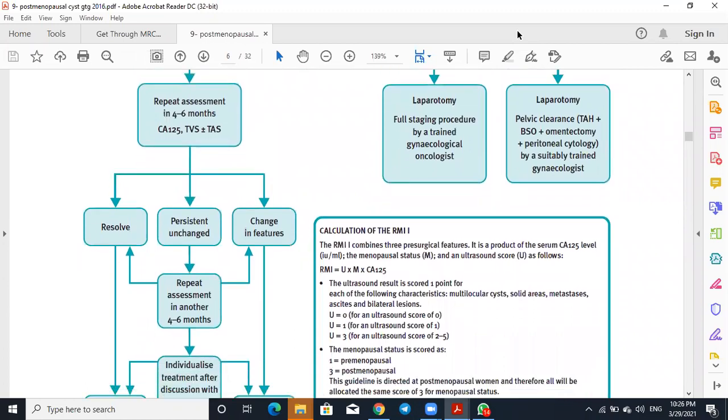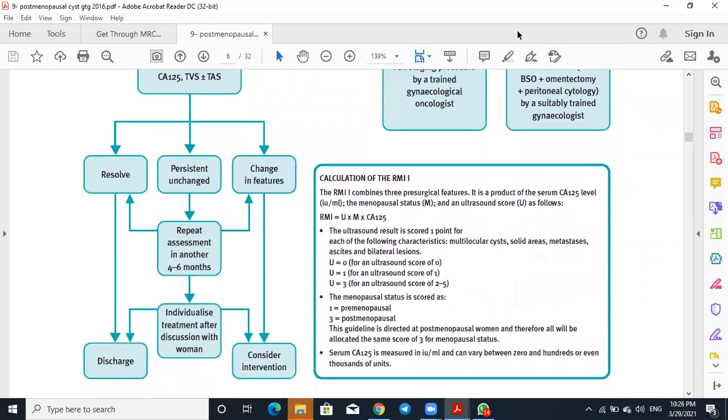RMI is just 3 things: ultrasound, CA125, and age of the patient. That is, menopausal status, if she is premenopausal or postmenopausal. For premenopausal you give 1, and for postmenopausal you give the number 3. CA125, whatever the unit comes, you write that. But for ultrasound, if there is no feature, 0.